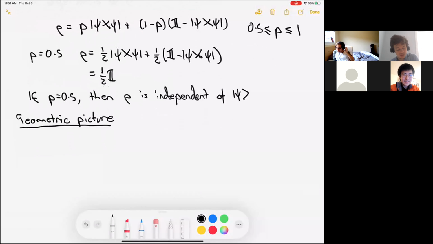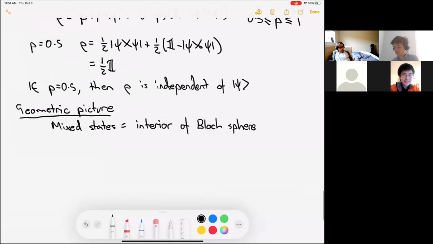Which is just the mixed states are described by the interior of the Bloch sphere. I'll explain what I mean by that more in just a sec.